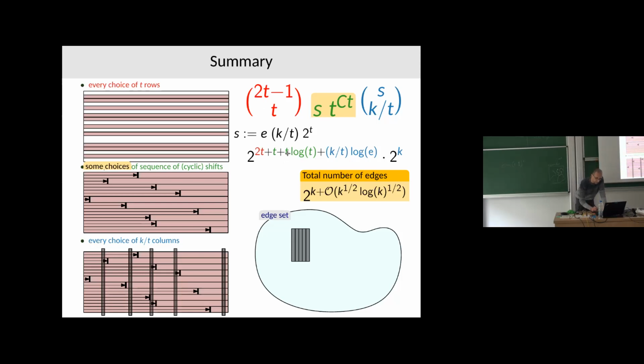And now, if we write this formula in this exponent notation, we can see that now the most important summands are this t log t and k/t log e. Previously, we have t squared here, right?